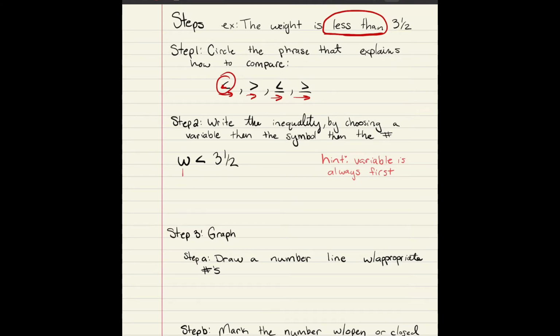So the order is always going to be variable, symbol, then the number. No matter what it says up here, the order should always be variable first, symbol, then number. And you make the problem up here match this order.